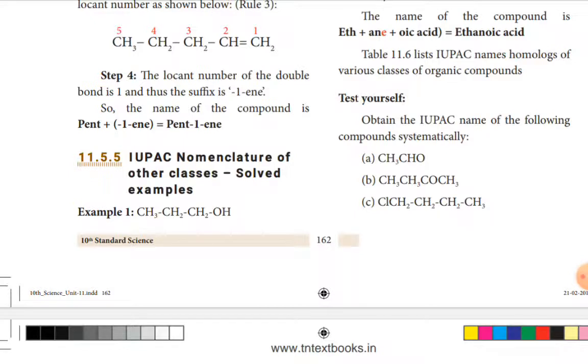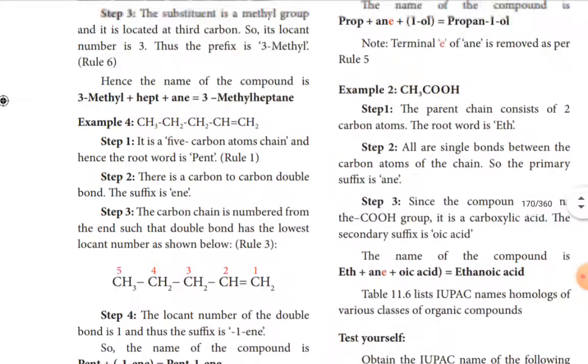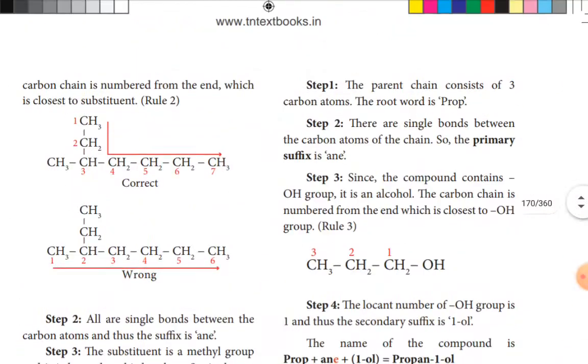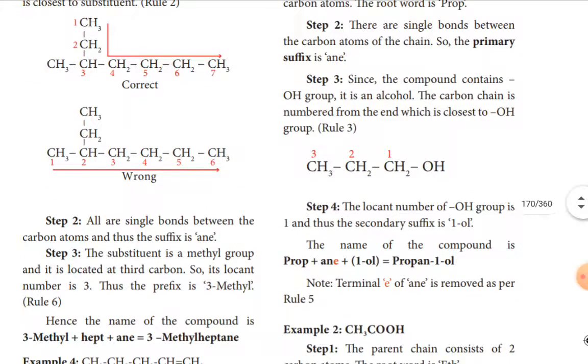So the parent hydrocarbon is prop because of the 3 carbon atoms, and so it is propane. The functional group is OH, so it is an alcohol. You number the carbon, the first carbon having the alcohol, so 1-ol.